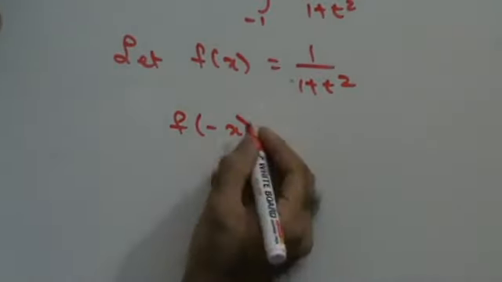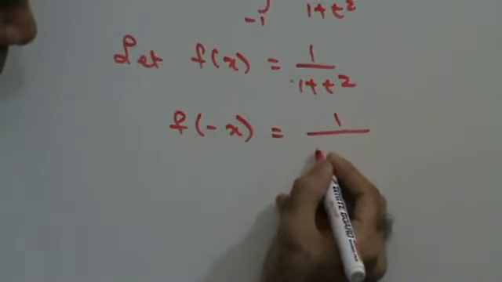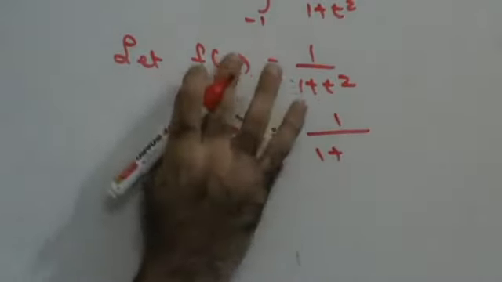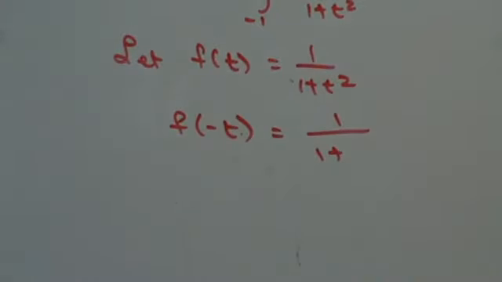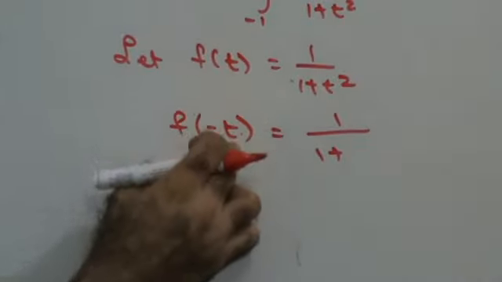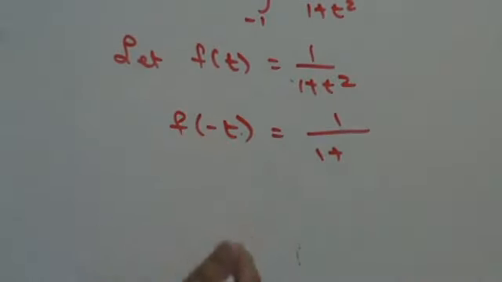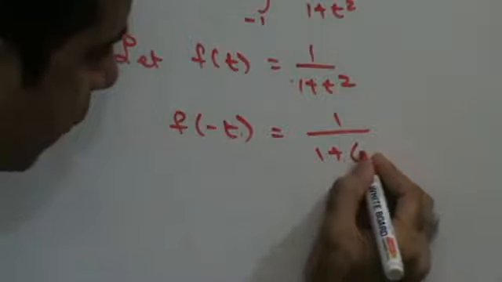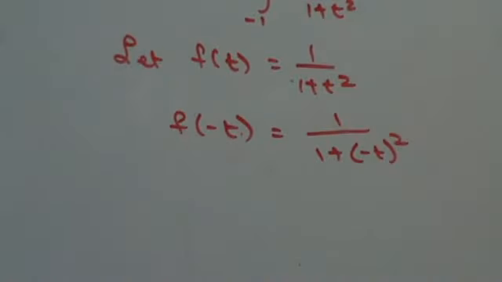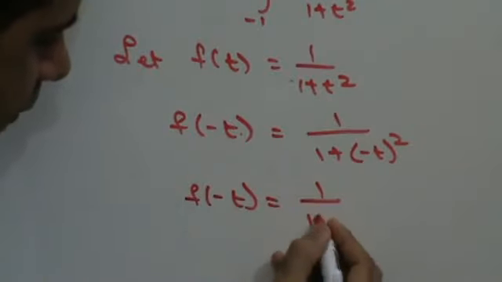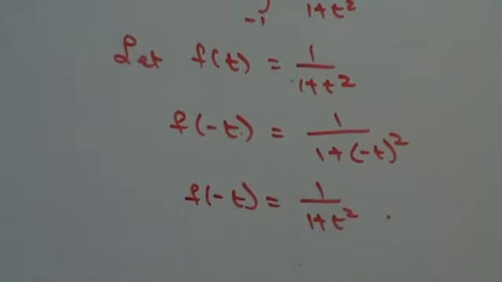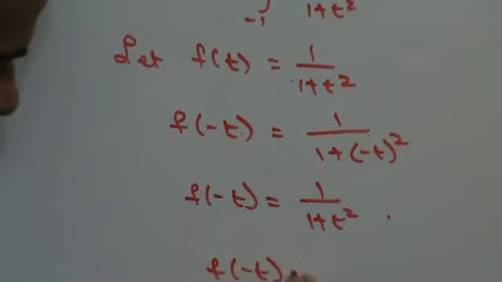I'm substituting t as minus t on the left hand side, so on the right hand side also I'll have to substitute t as minus t. So f of minus t will be nothing but 1 upon 1 plus t square, because minus t the whole square will give you t square. That means I'll get f of minus t is equal to f of t.